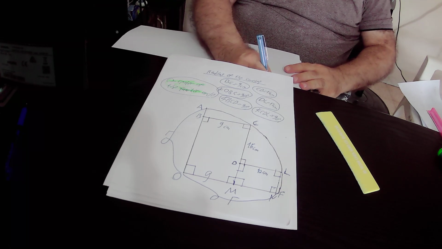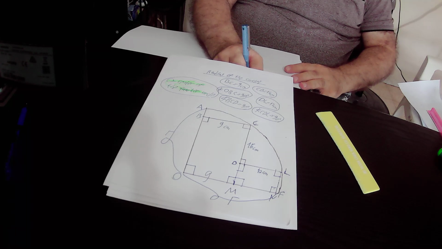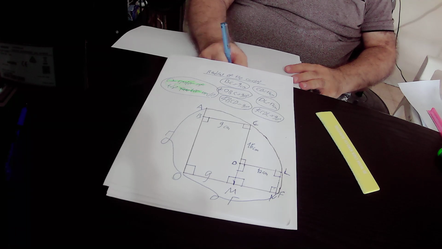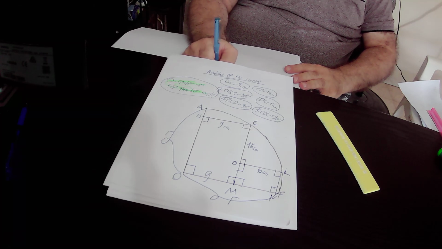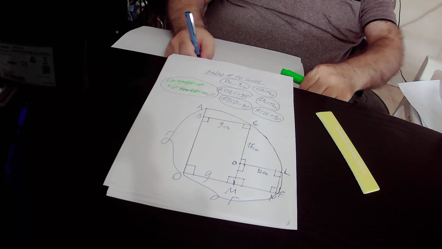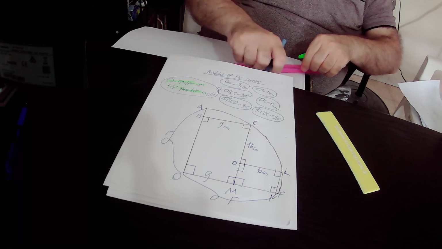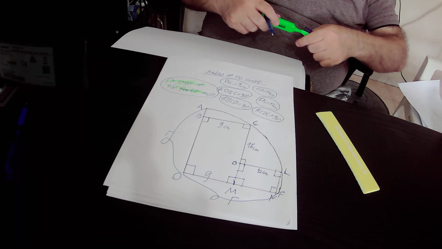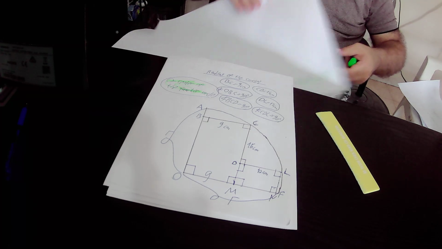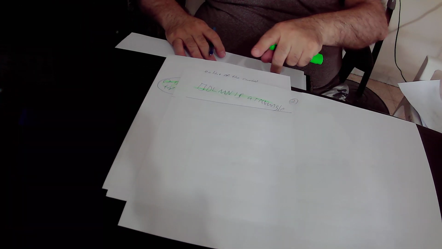So quadrilateral DLMN is a rectangle. Okay. And repeat again, quadrilateral DLMN is a rectangle.